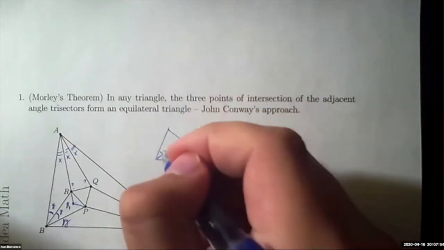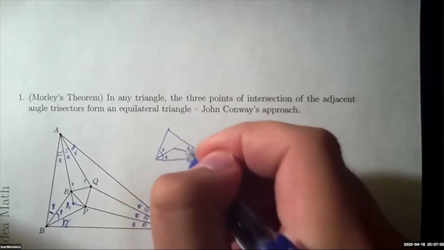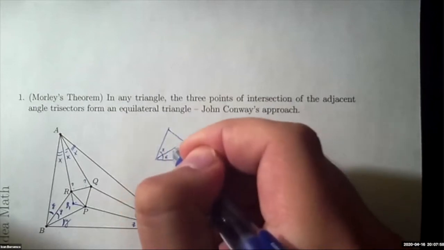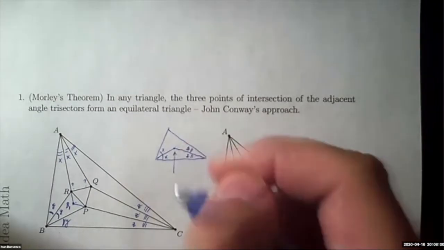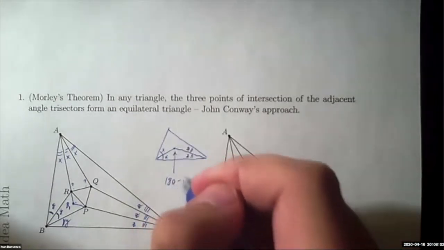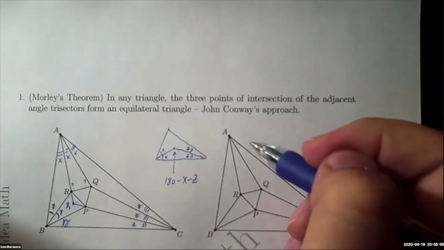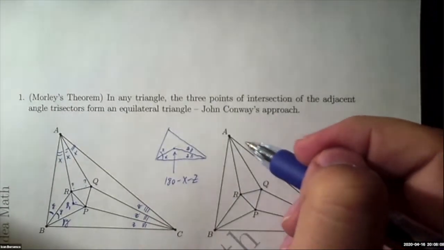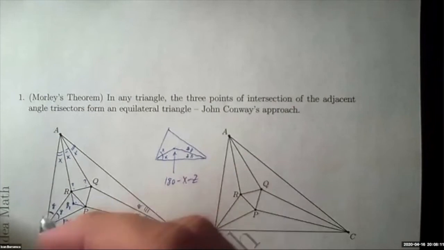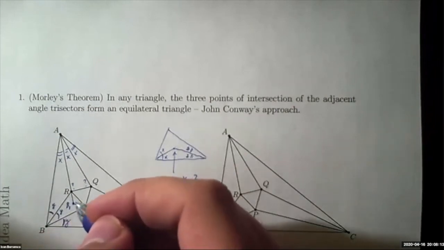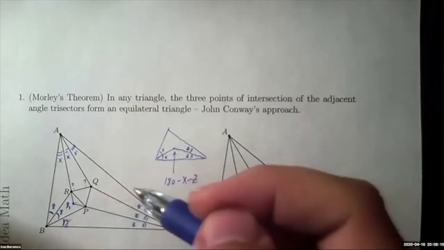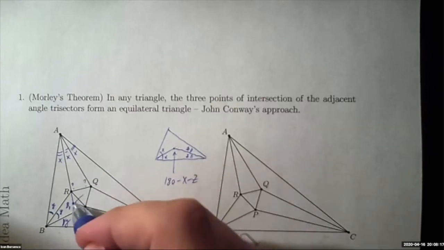So if this is x, z, z, yeah, this one, yeah, 180 minus x minus z, right. And we know both x and z right now, so if we connect B1 and Q, we should know, right?